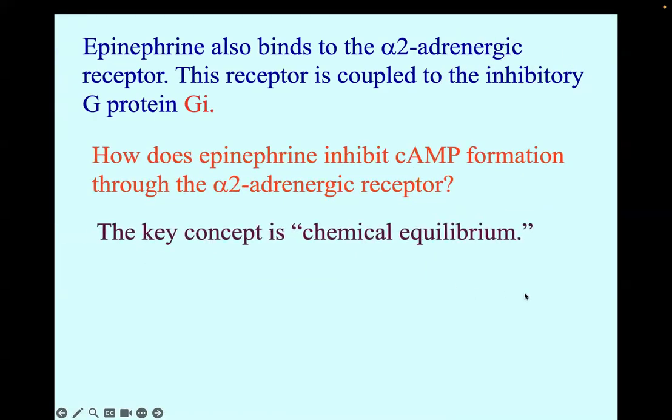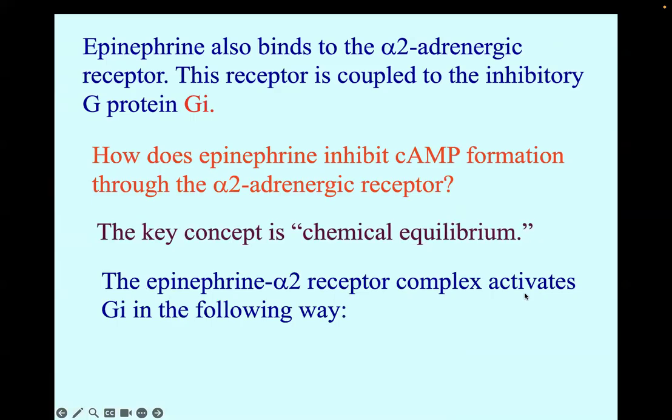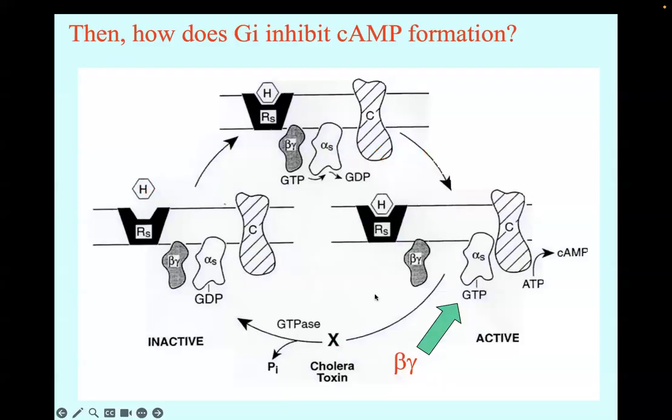Again, I have to qualify the answer because there is more than one mechanism by which this can happen. The mechanism we choose is equilibrium. So when you activate a G protein that doesn't couple to adenylyl cyclase, the enzyme that produces the second messenger, you now have excess amounts of beta gamma inside the cell, right?